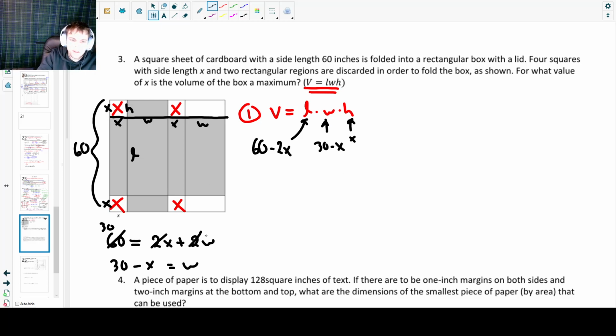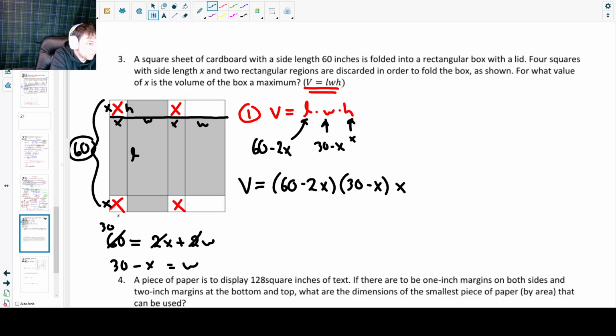So these are all of my constraints that I'm working with. My big constraint is that my cardboard is 60 by 60, and I was able to use that constraint to make substitutions for length, width, and height, giving us a formula that only has X's. We would like to multiply that all out.